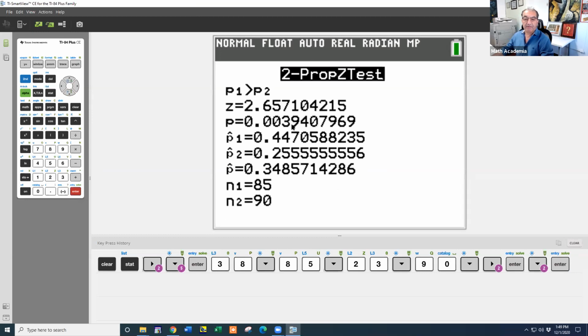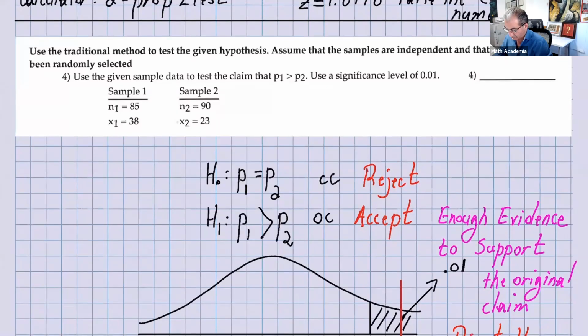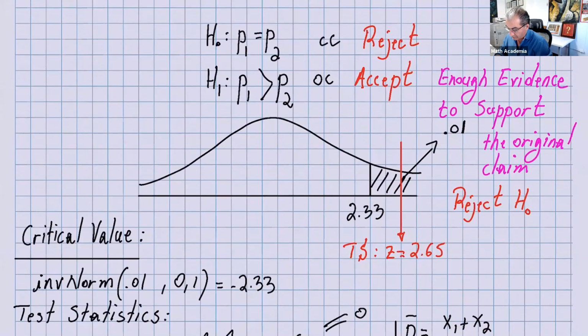And you have also the p-value, which is 0.003, and let's go make the conclusion. So we got 2.65, or I can say 2.66 here, which doesn't make a difference.